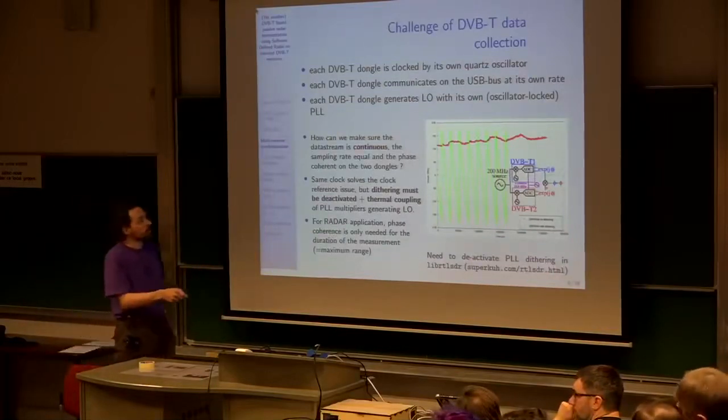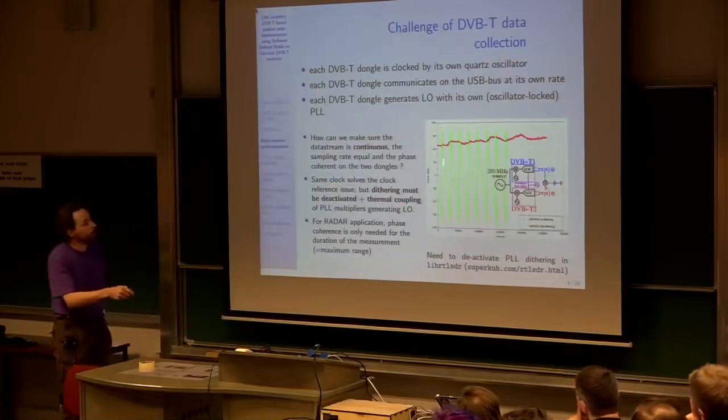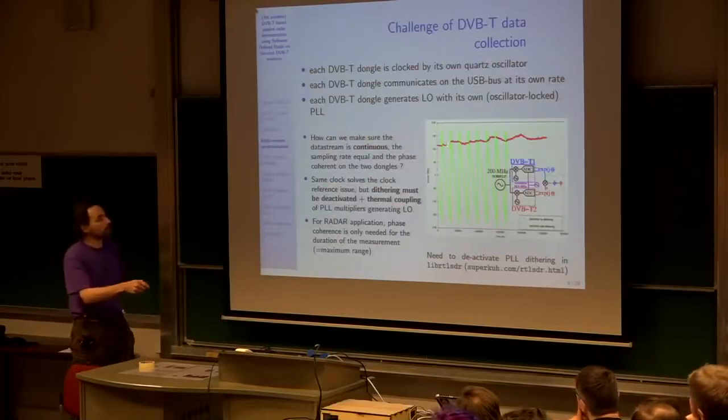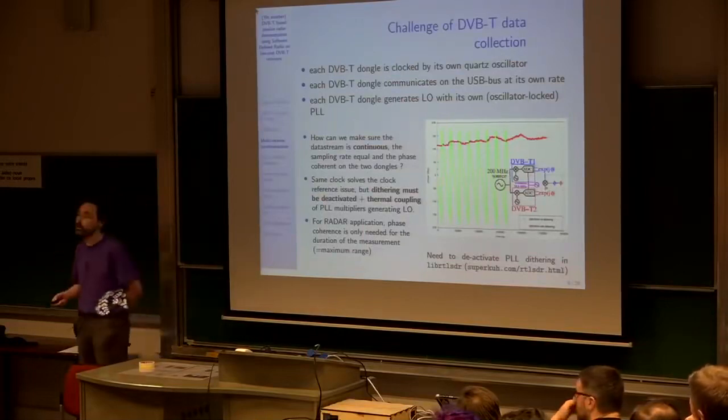These two DVB-T will be dithered at different times. And so if you look at the green curve, which is the evolution of phase over time, you see that there's a frequency offset. Even though the two DVB-T are measuring the same reference signal, a 200 megahertz oscillator, and are clocked by the same local oscillator, you still have a frequency difference, which is not what you want.